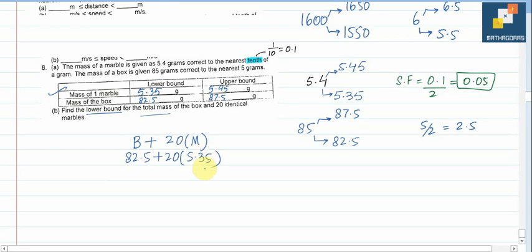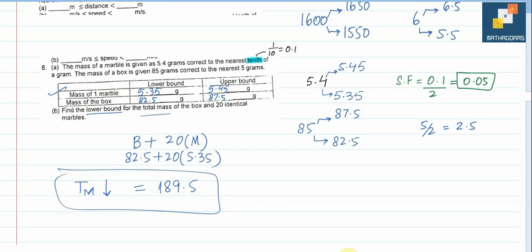So you need to calculate it. 5.35 multiplied by 20 is 107, plus 82.5, it's 189.5. That is the total mass, but it's the lower bound, right? And it's 189.5, so that is your final answer.